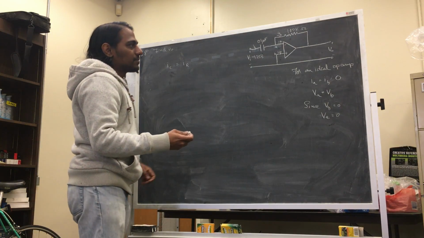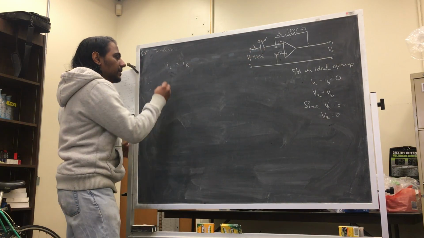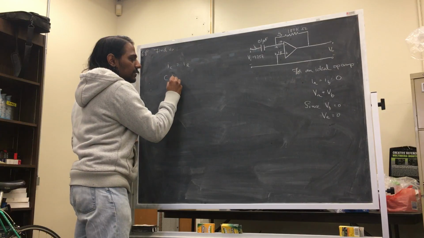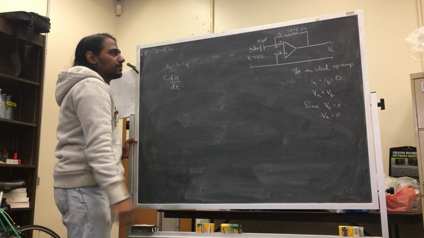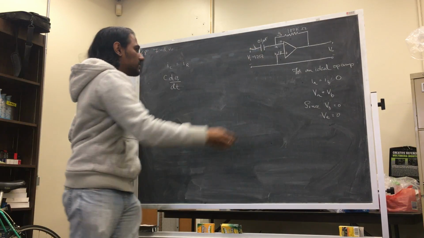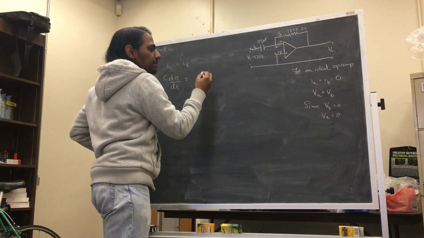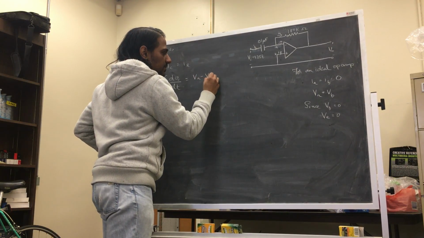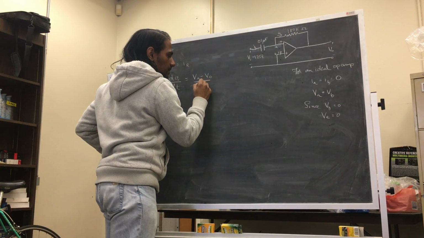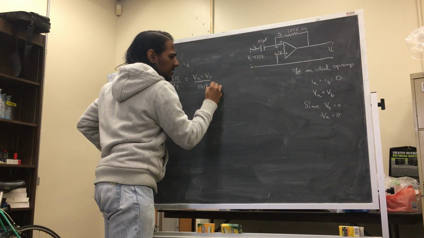So the current flowing through the capacitor is given by C dVC by dt, where VC is the voltage across the capacitor, and the current flowing through the resistor would be given by VA minus V0 by 100 kilo ohm.